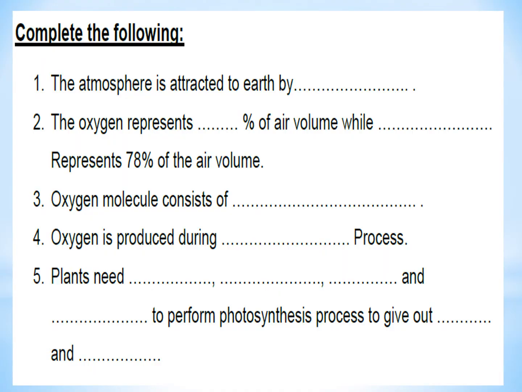Here we have an exercise about the previous part. Let's start solving it. Complete the following. Number 1. The atmosphere is attracted to the Earth by space. The answer: the atmosphere is attracted to the Earth by gravity.